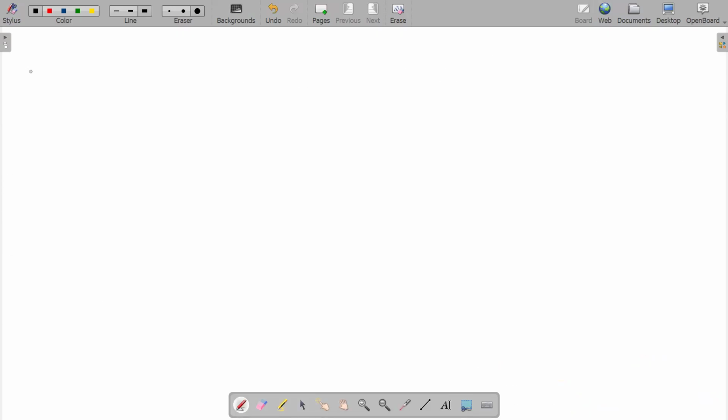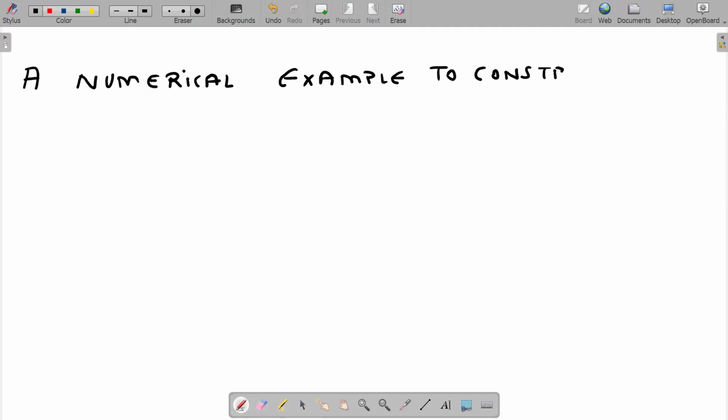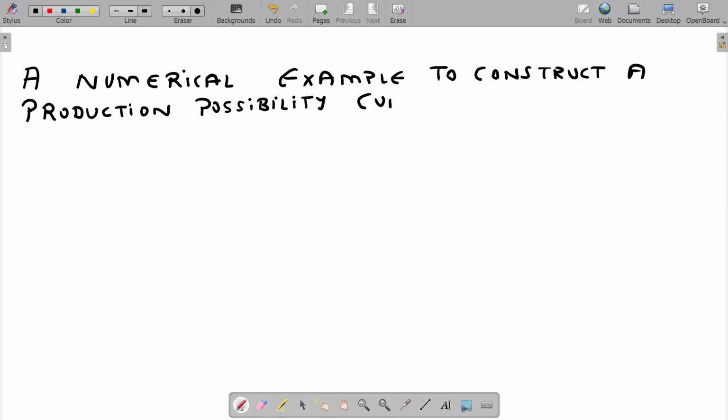So, a numerical example to construct a production possibility curve.